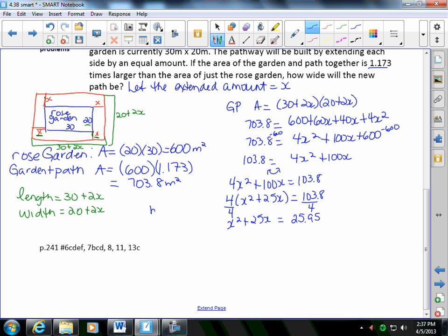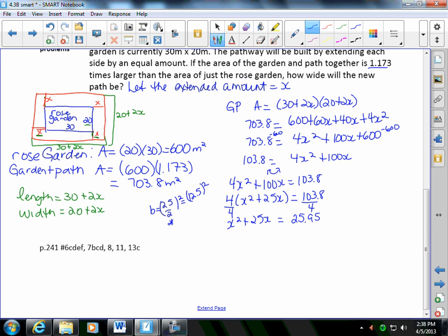My b is equal to 25. So 25 divided by 2, that's my keep value. Square it. And I'm going to change that to a 12.5 squared. Because I'm working with dimensions, it's okay if I put it to a decimal.